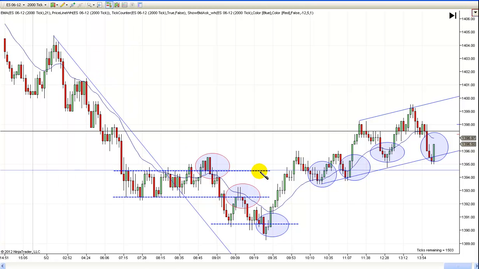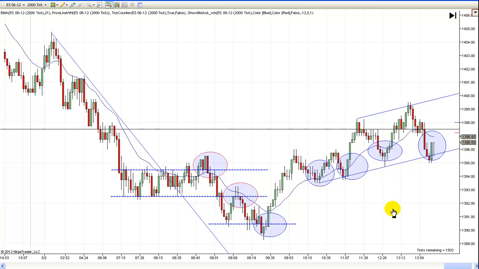Let's try that again. There's our arrow, and if you drag that down, what do you know? It's a perfect measured move for the most part. So keep that in mind, and that's something that you can look for when you get these ranges and prices break down and go. Your target is usually going to be about the same distance, and that's what you had right there.